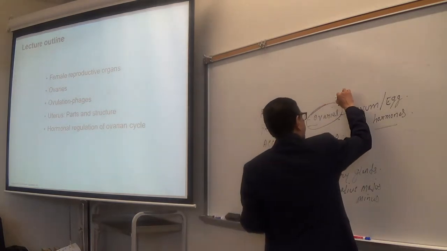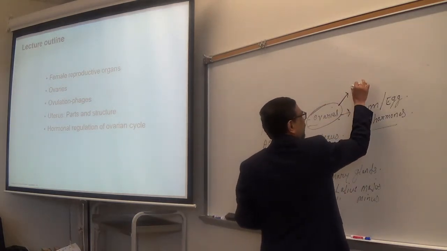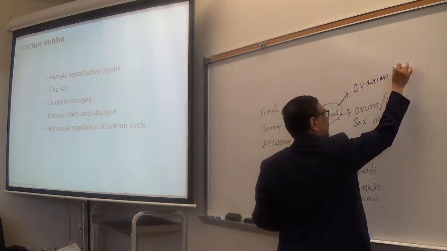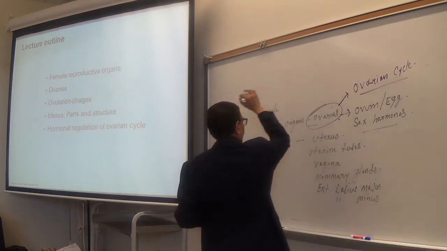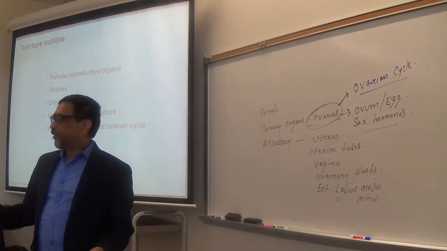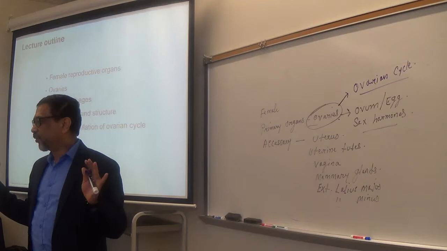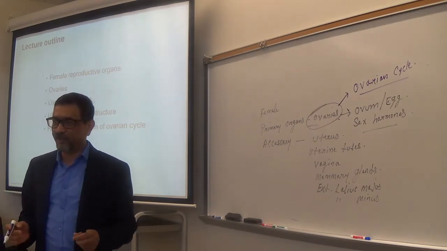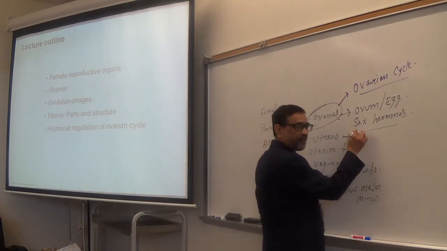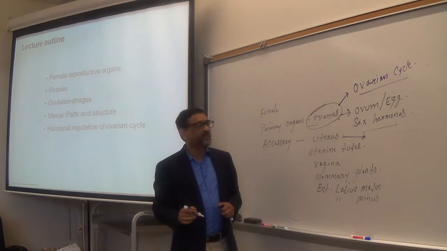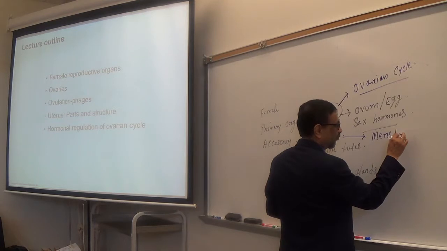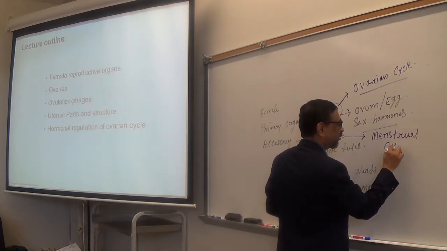Now, inside the ovaries, a very important cycle takes place, that is called the ovarian cycle. Probably you have heard this name, right? So where does the ovarian cycle take place? Inside the ovary. That's why it is called the ovarian cycle. And inside the uterus, another very important cycle occurs, that's the menstrual cycle.